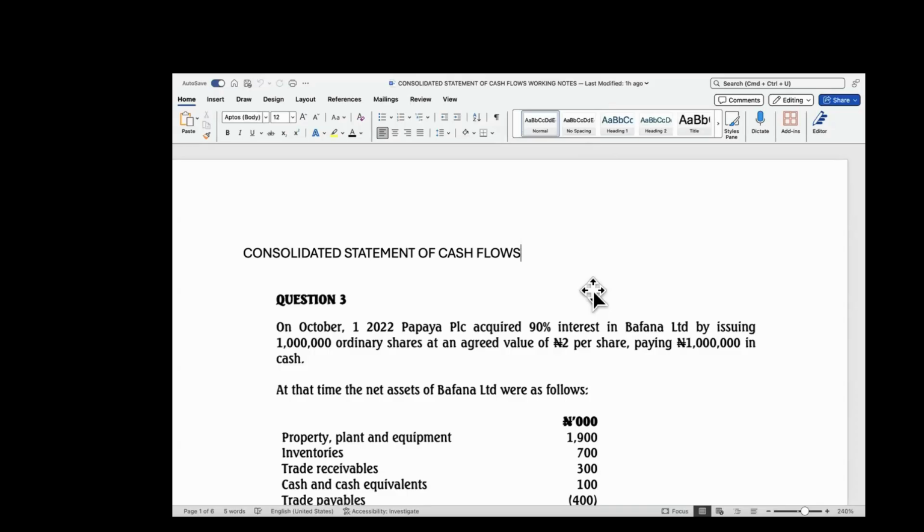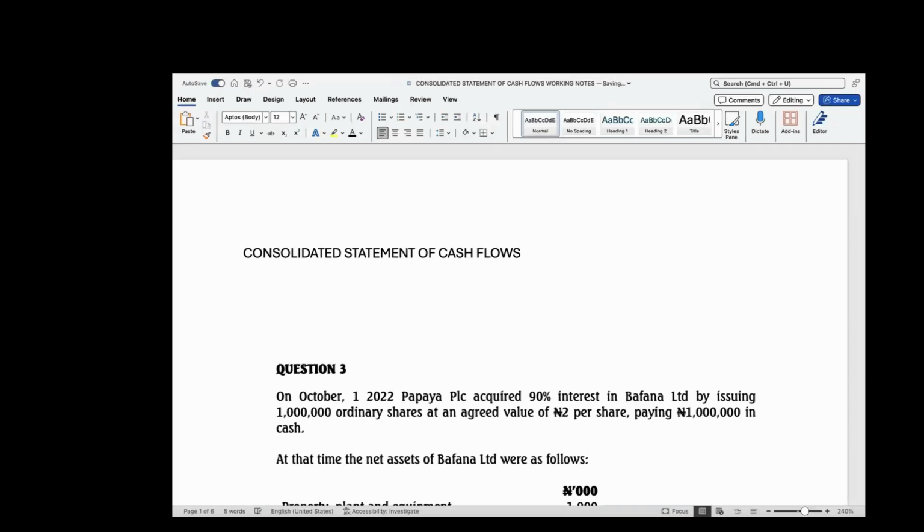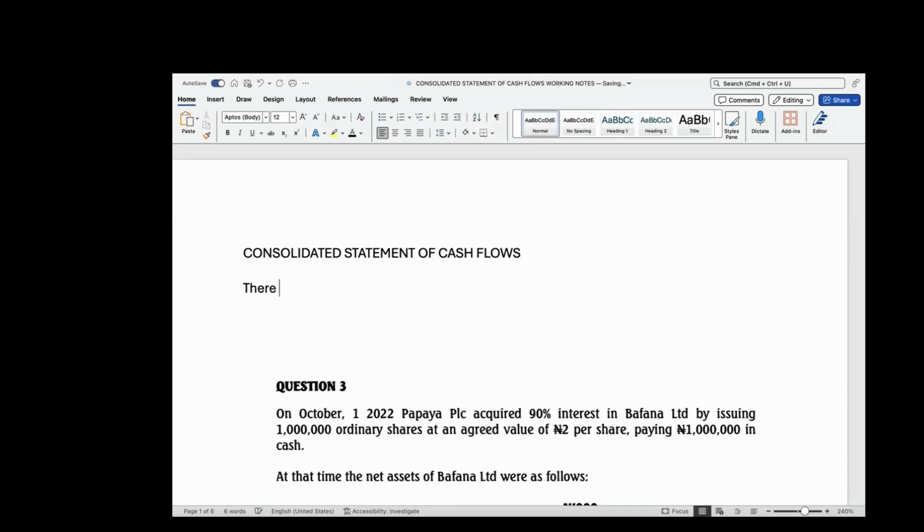There's no difference between the consolidated statement of cash flows and the simple statement of cash flows that I taught you in the last class.